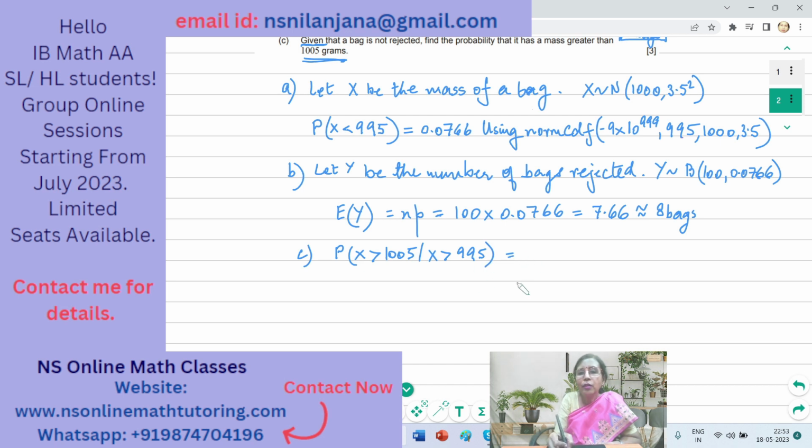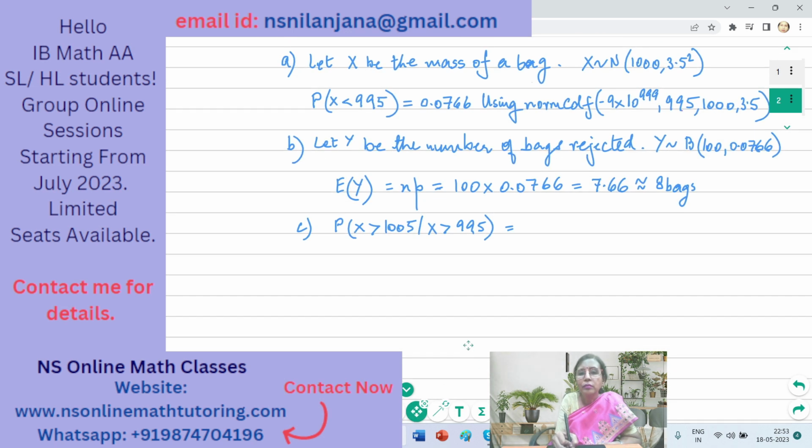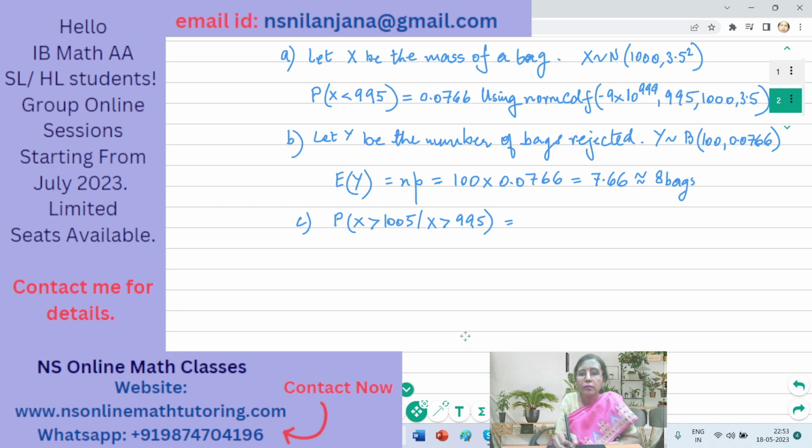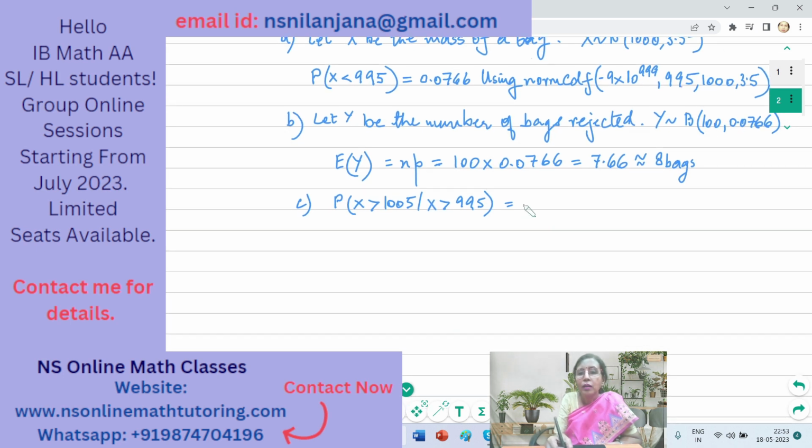So this will be equal to, according to the formula, the probability of X greater than 1005 grams and X greater than 995 grams. Obviously, a bag which has a mass more than 1005 grams will have a mass more than 995 grams. I have written the formula.